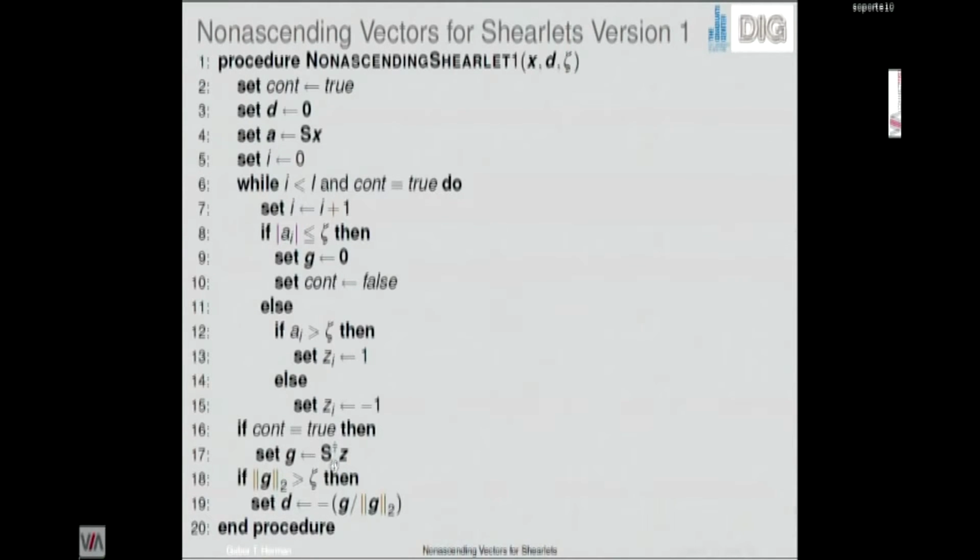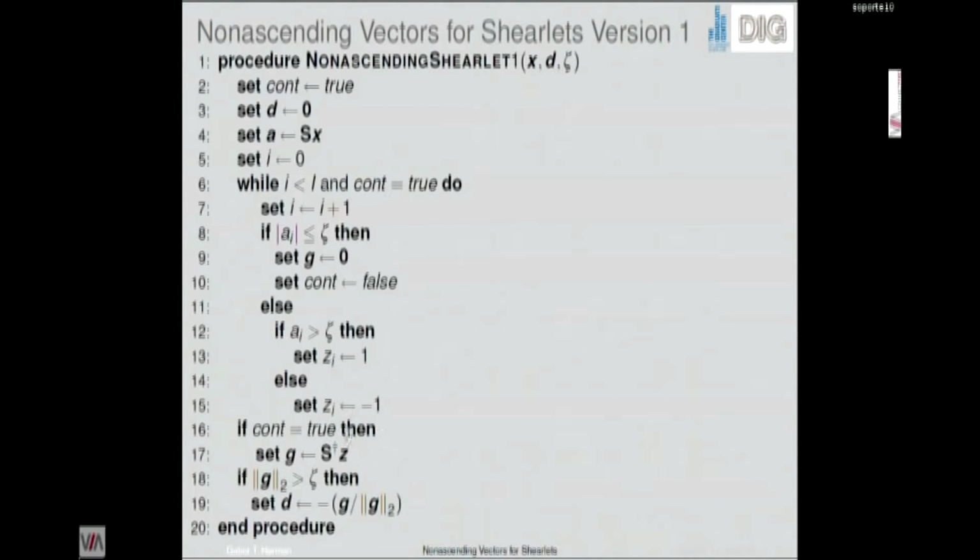And then if I multiply C by the transpose of the Shearlet transform, I will get exactly a G which has the property satisfying the theorem. So this is a mathematically guaranteed algorithm for finding a non-ascending vector, and it goes further than that, because I'm really a computer scientist more than a mathematician and worry about things like numerical errors.